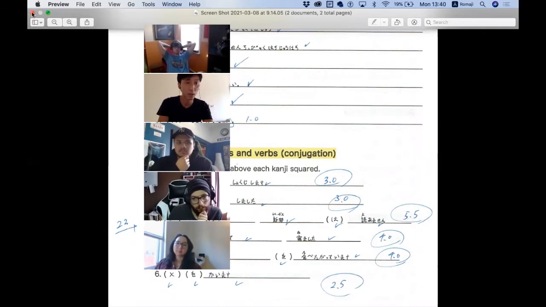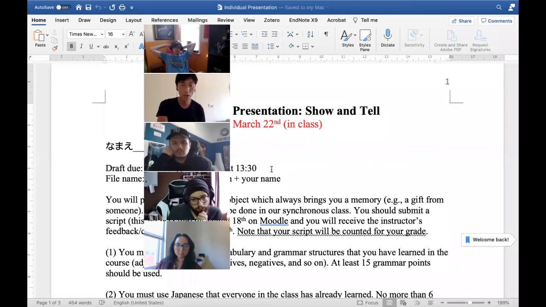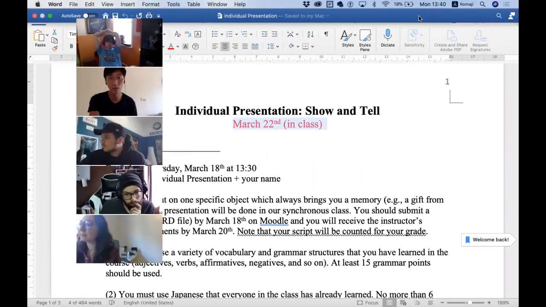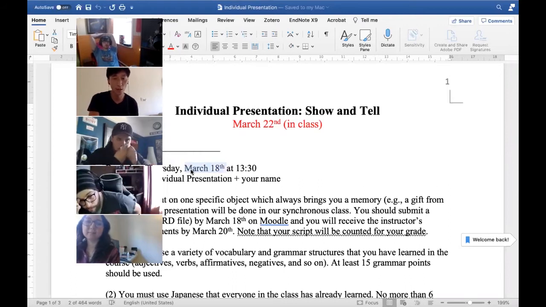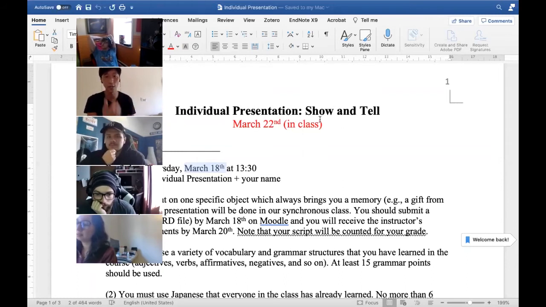Test one. Okay, then I have to explain the individual presentation. So this time, I just shifted from the 18th to the 22nd, so 4 days later. Is that fine for you? It was supposed to be March 18th, but as I looked at the schedule, and because I shifted the lesson test already, that ended up shifting the presentation as well, like 4 days.